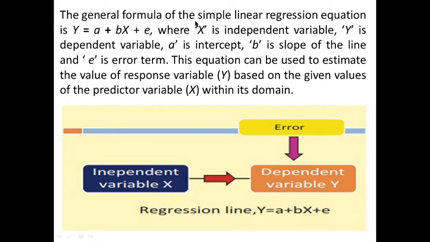The general formula of the simple linear regression equation is y, the dependent variable, is equal to a plus bx plus e, where x is the independent variable, y is the dependent variable, a is the intercept, b is the slope of the line, and e is the error term.